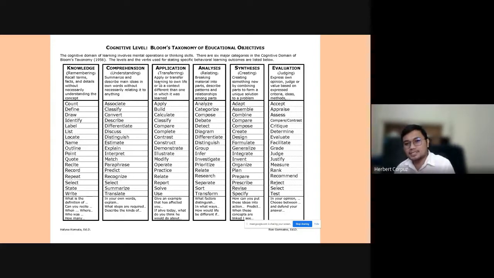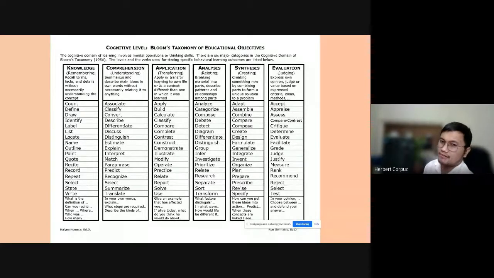Okay, terms such as analyze, categorize, compose, debate, detect, diagram, differentiate, distinguish, group, infer, investigate, prioritize, relate, research, separate, sort, transform.